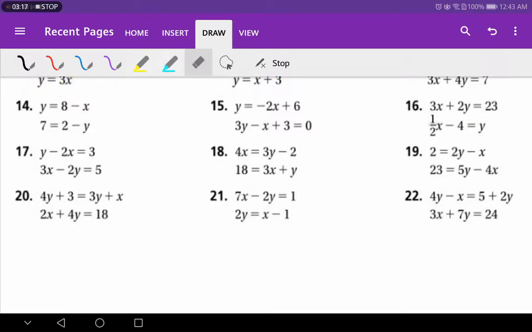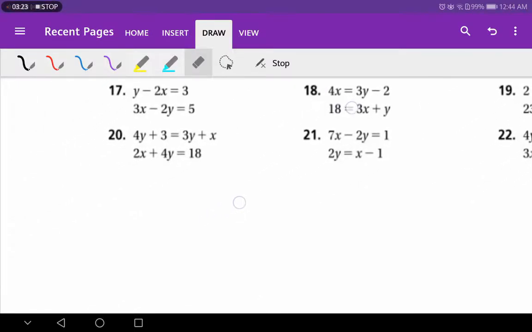You have to learn how to replace directly the value of y, but in 17 here I will start the second part, my dear student. In the first equation, y minus 2x equals 3, and in the second equation, it is 3x minus 2y equals 5.